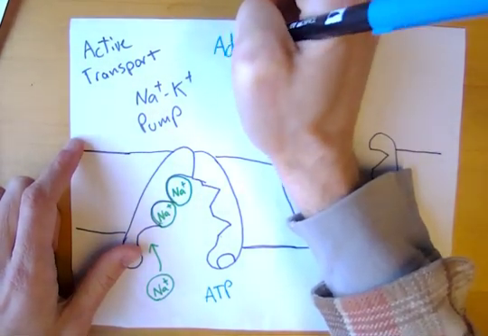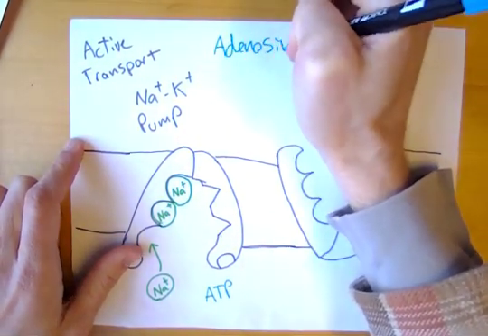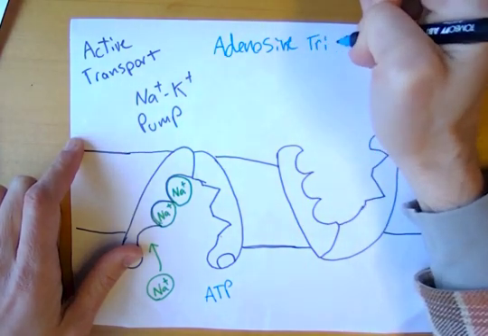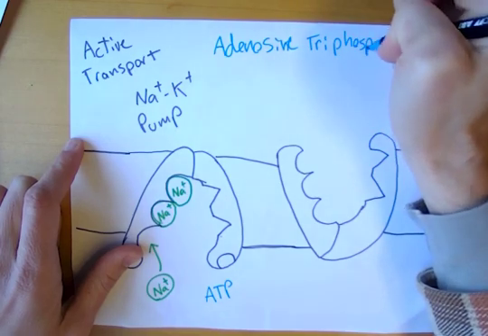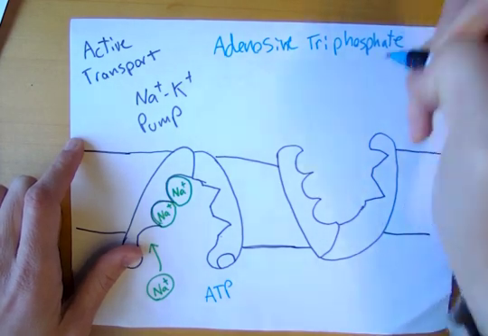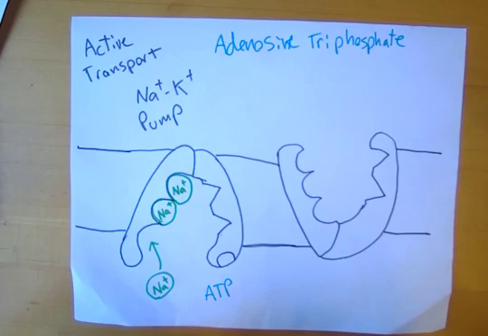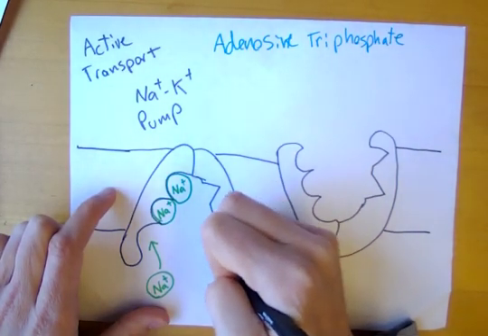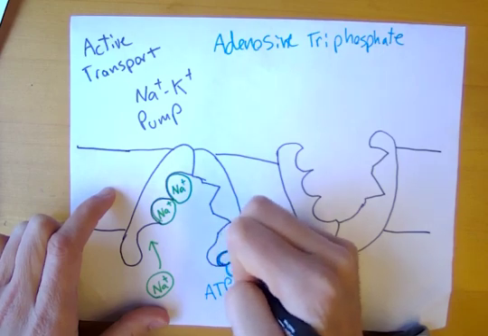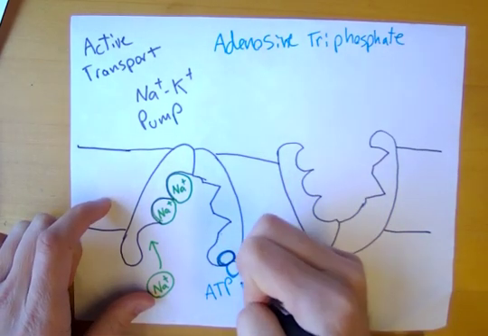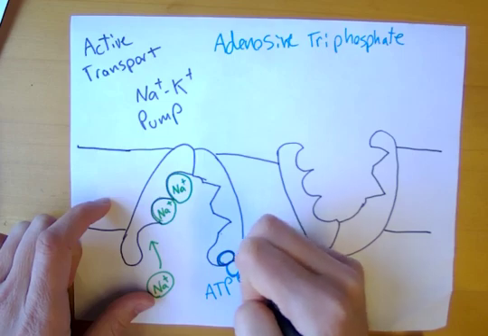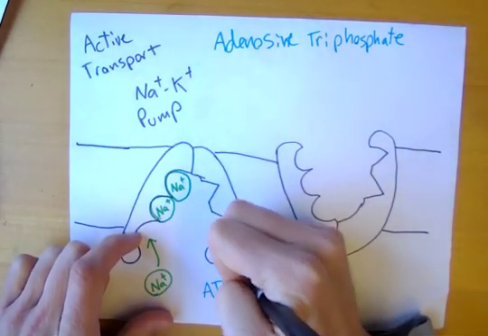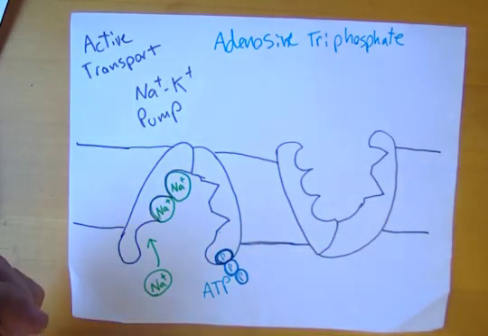That is adenosine triphosphate. And so this is a molecule that has adenosine and three phosphates.